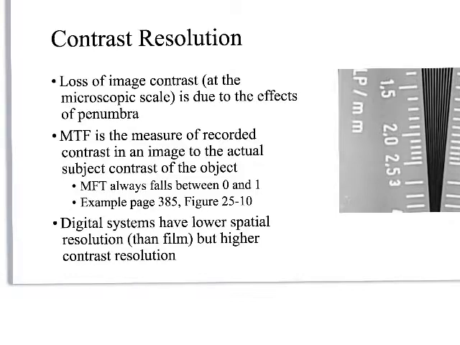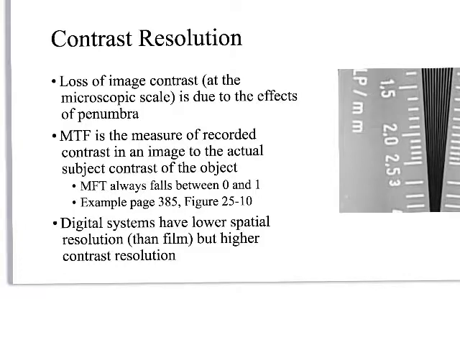It always falls between 1 and 0. 1 would be perfect, that the contrast of the object is exactly tied to the contrast that's apparent on the image. That would be a 1-to-1 comparison, right? No system is going to ever have that, right? It'll be some range between 1 and 0, so we would hope it's a little bit higher than 0, but it'll never get as good as 1.